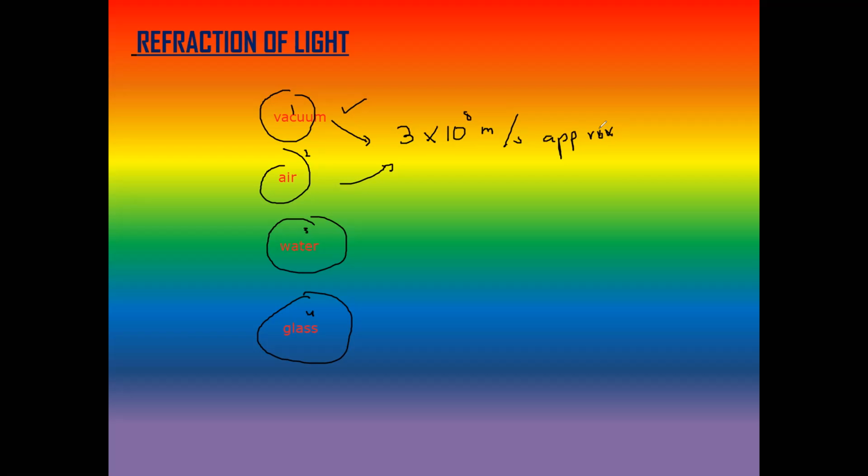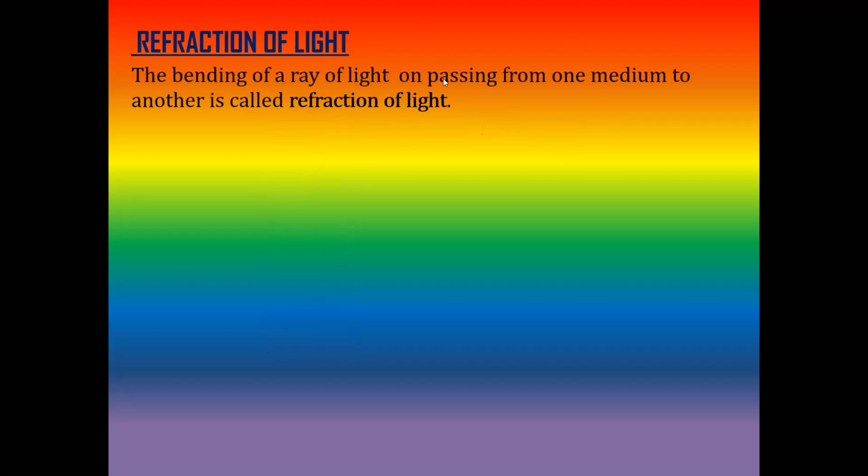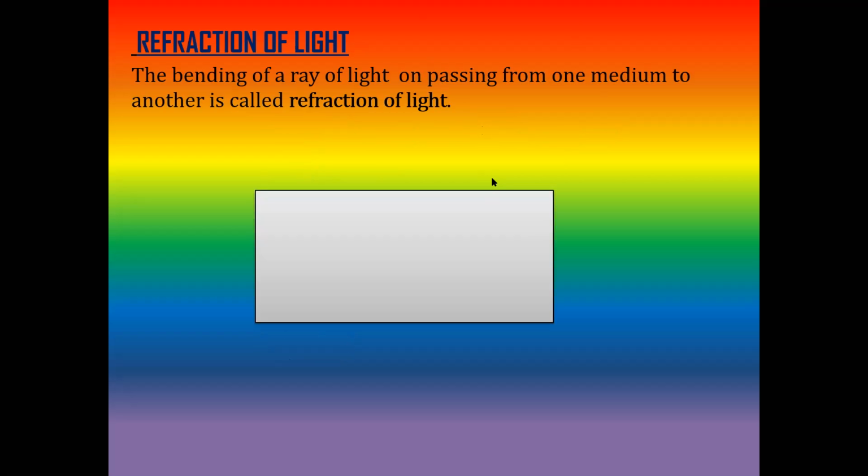But in reality, there is a fractional difference: in a vacuum, it's traveling much faster compared to that in air. So when the light travels from one medium to another, it changes speed, and we call that refraction. Or the bending of the wave due to the change in speed, we also call refraction. For example, this is a glass block or a transparent glass.